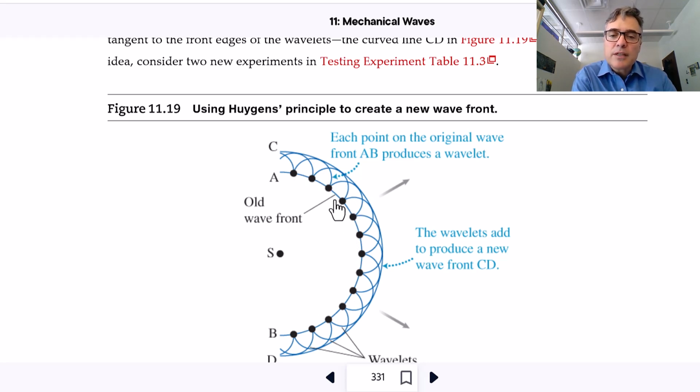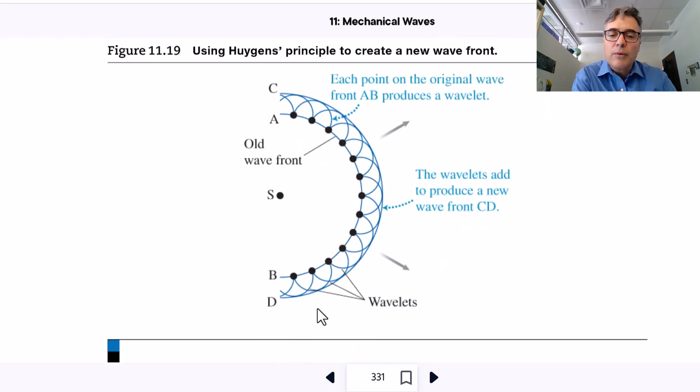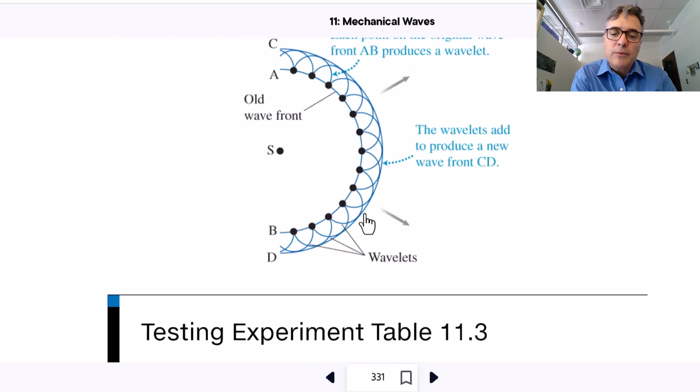It's like every point on this crest becomes its own source and then kind of radiates out a little circular wave. But when you add all those little circular waves, you get this new wavefront CD. The wavelets add to produce a new wavefront CD. So the wave fronts are like the crests of these waves, and they travel outward.